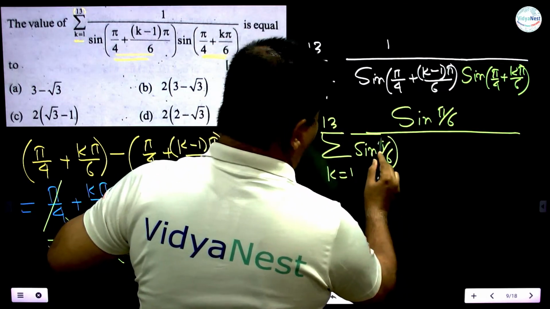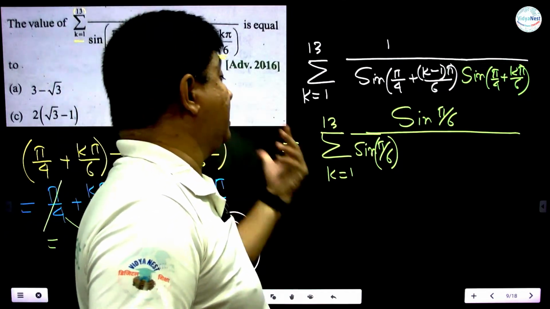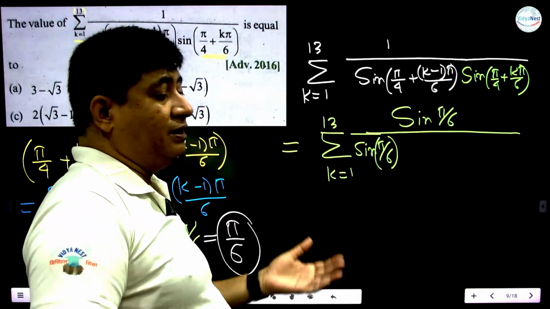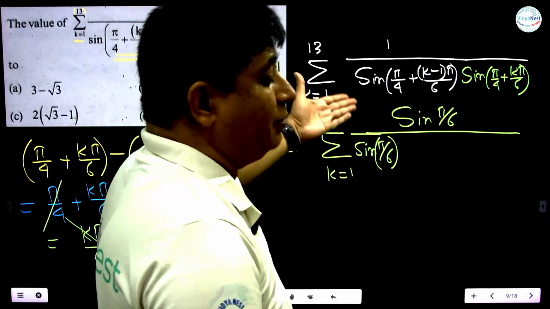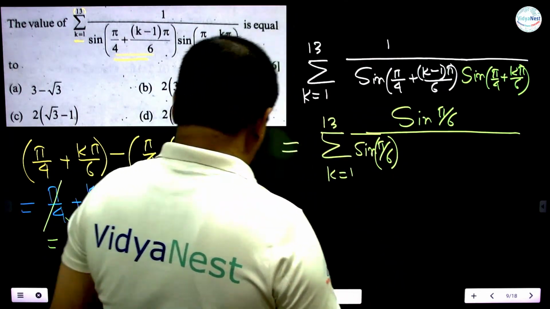This is the trick plays behind the screen in this sum. Obviously, plays behind the screen means in subconscious mind, but you are seeing it on the screen. Now, other part will remain unchanged.